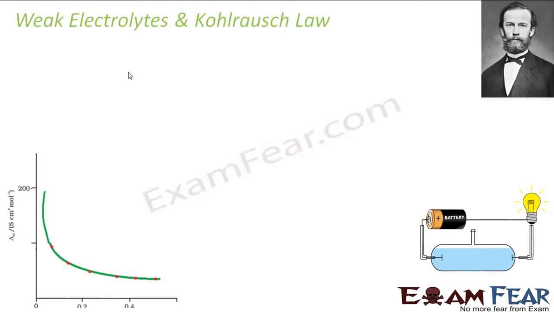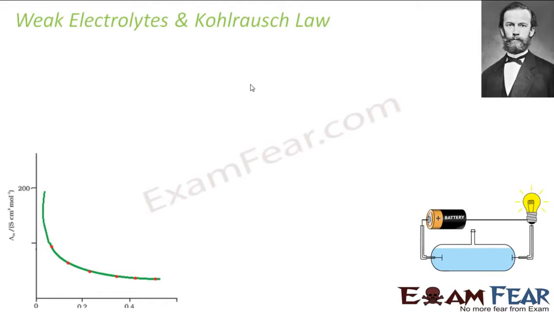Now let's see the Kohlrausch law for the weak electrolytes. As I've told, this Kohlrausch law of independent migration of ions was used for weak electrolytes generally, because for weak electrolytes it's very difficult to find the molar conductivity at a very high dilution, because at that high dilution the degree of dissociation is very high, right?